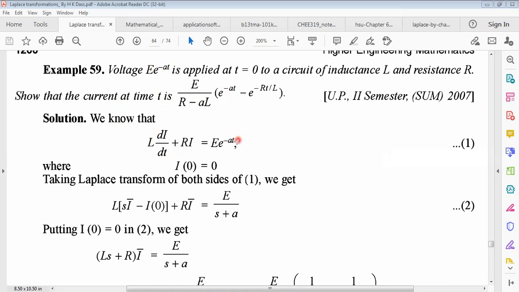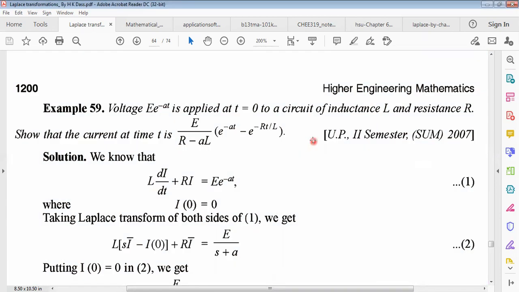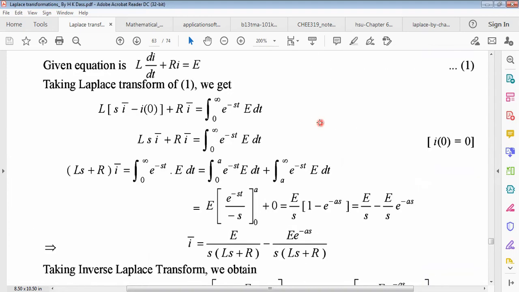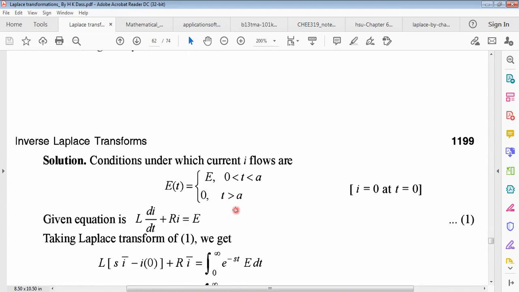We must know this. This is the standard form of differential equation using the previous circuits. From these circuits, we can write this one.